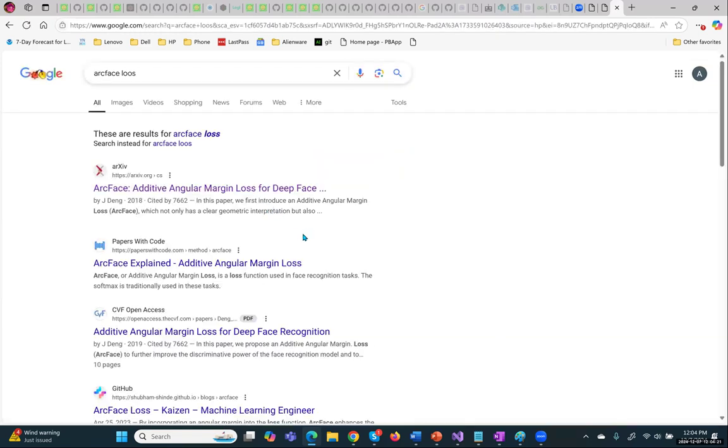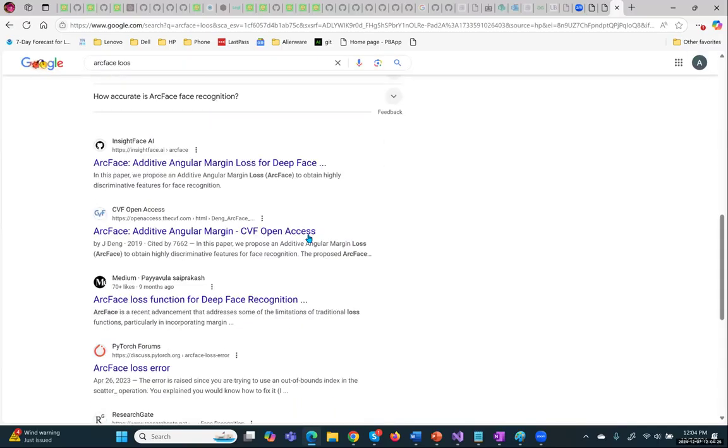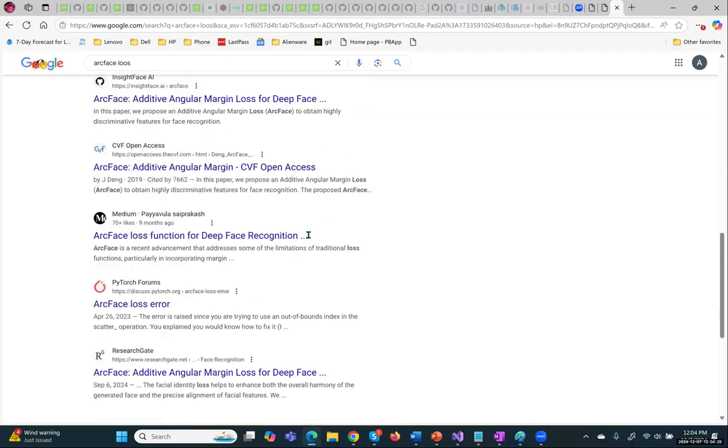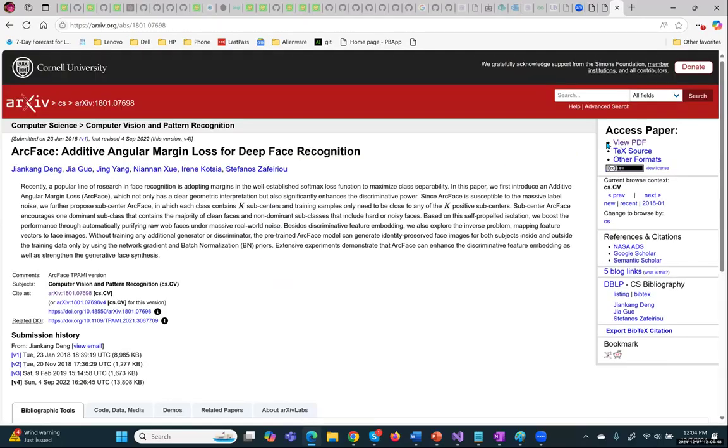Let me see. Yeah, this is the one. So this is ArcFace. You can see 7,000 citations. So it's a very, very famous paper. And if I quickly show you their picture.